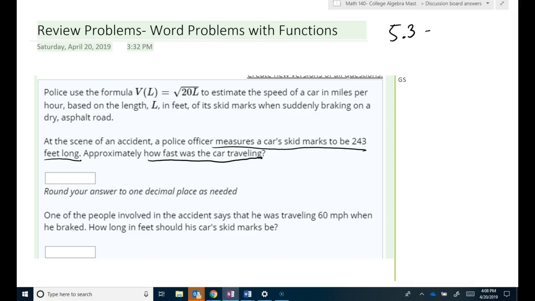Now, if I go back up here, use the formula V of L equals root 20L to estimate the speed of a car. So it's estimating the speed of the car. That means that's the function. So V is the speed of the car.